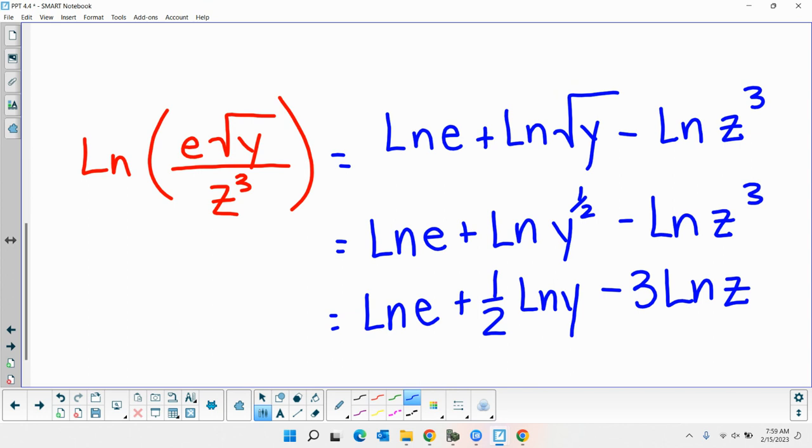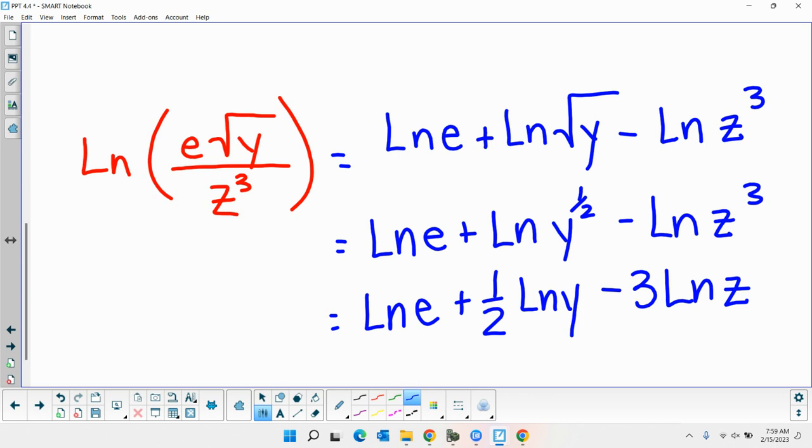Now, is that as simple as we can make it? What do you think? Yes and no. What's the natural log of e? 1. Yeah. Remember, what's the base for natural log?